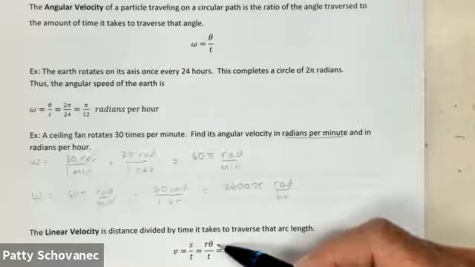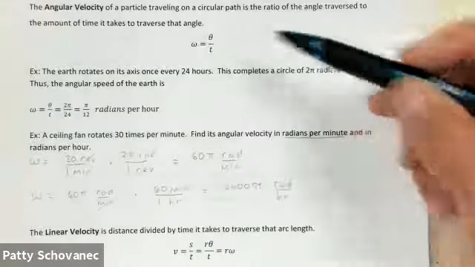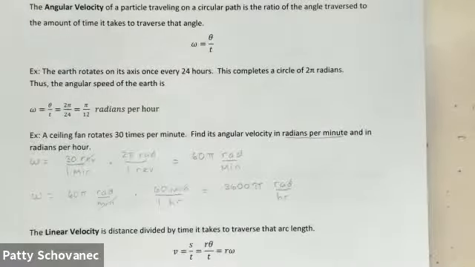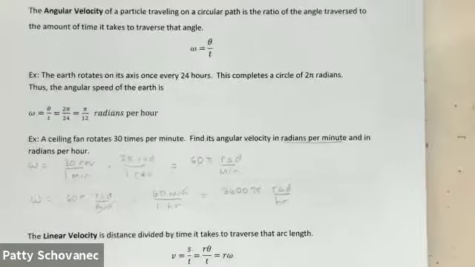So I put the r times theta where the s is. But in this fraction, there's a theta over t. Well, up here, theta over t was omega, the angular velocity. So you can also write velocity in terms of the radius times the angular velocity. Any version of that works, depending on what you're given.